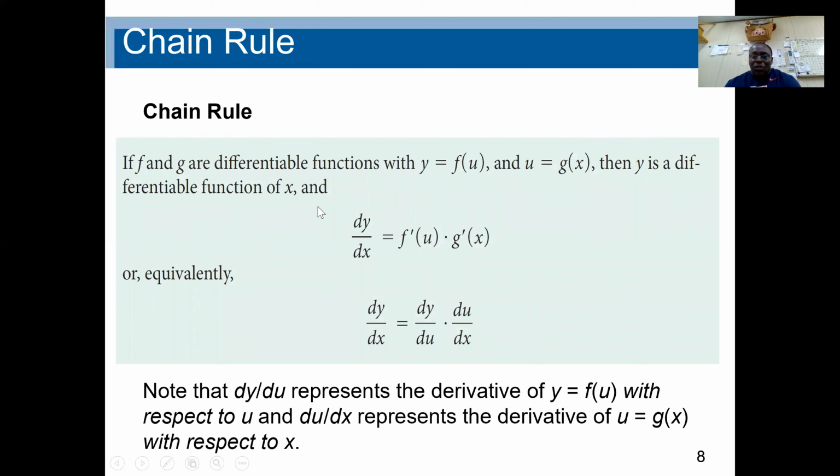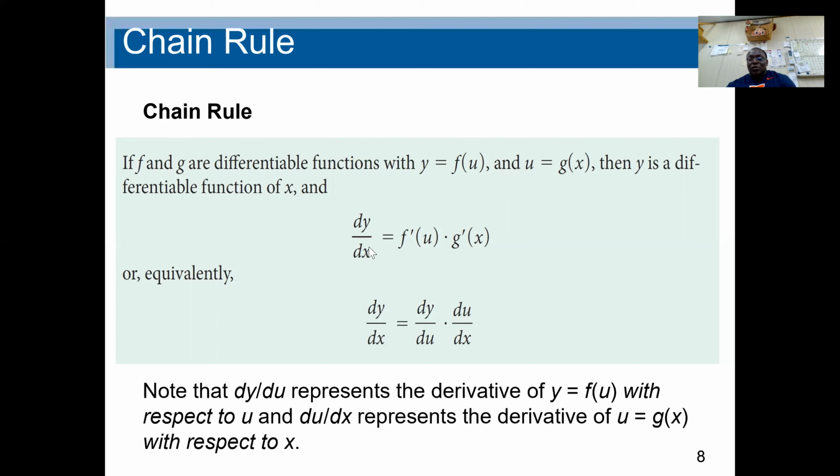You see here we have functions f and g, which are differentiable functions, with y equal to f at u and u equal to g at x. Then y is a differentiable function of x. If that is the case, then dy dx will give me f derivative at u times g derivative at x, because g at x is inside f.